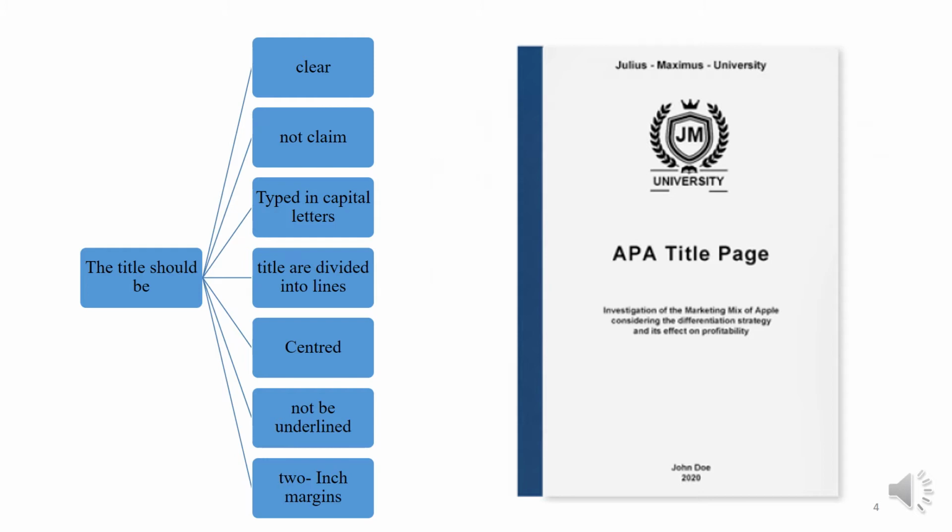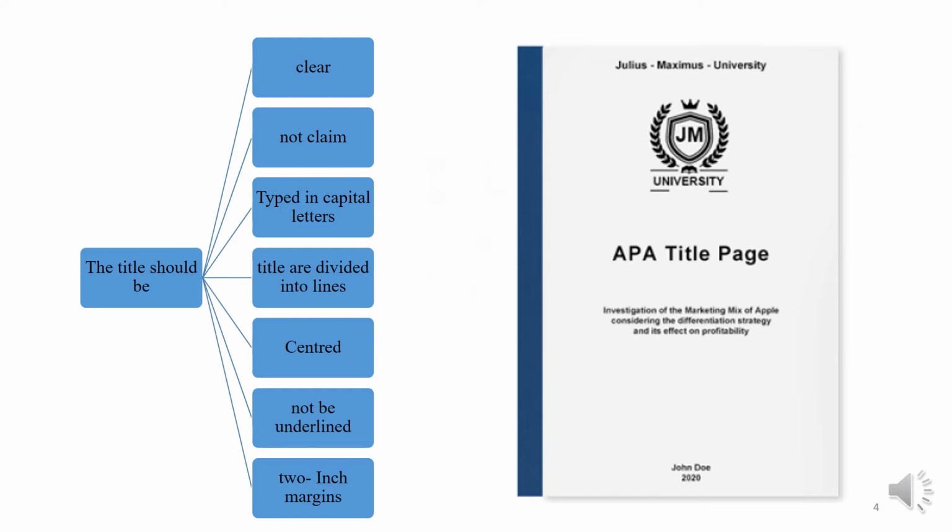Don't mention the positive or negative sides of it. And number 3, it should not be stated so broadly that it seems to provide an answer that cannot be generalized, either from the data gathered or from the methodology employed. Number 4, the title should be typed either entirely in capital letters or in uppercase and lowercase letters, single-spaced and centered between the right and left margin of the page, as mentioned in this example.